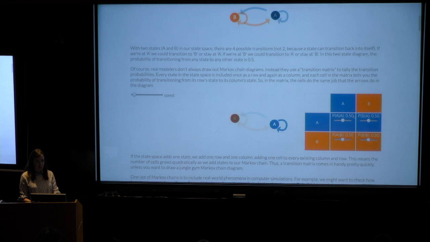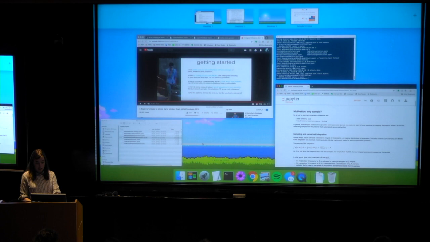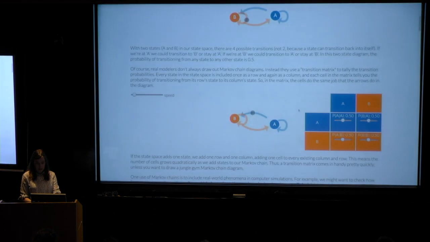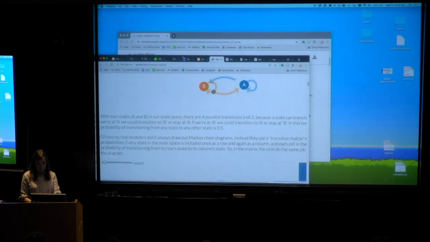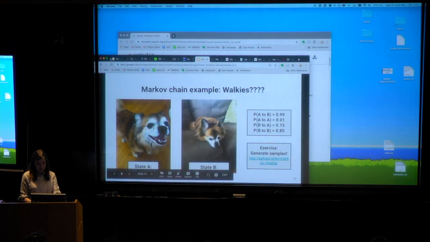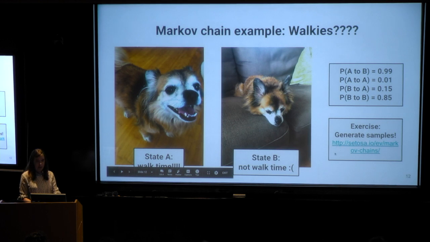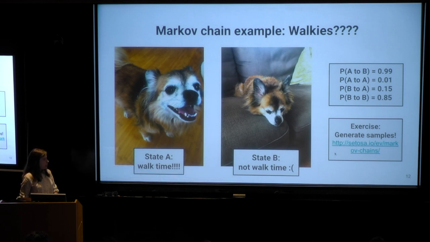So why don't those of you who have a computer out go to this site and do that. All right, there we go. So here's the website. Try putting in these probabilities and make a note of what sort of chain is produced by doing that, and see if that looks like the chain that you might expect.